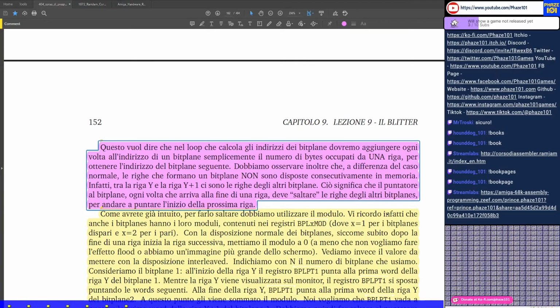Between y and y+1 there are the lines of the other bit planes.